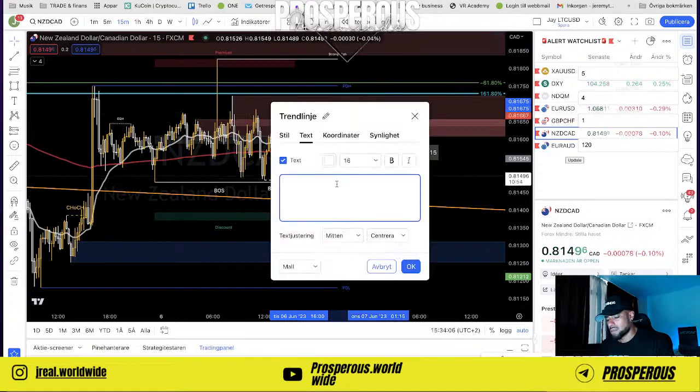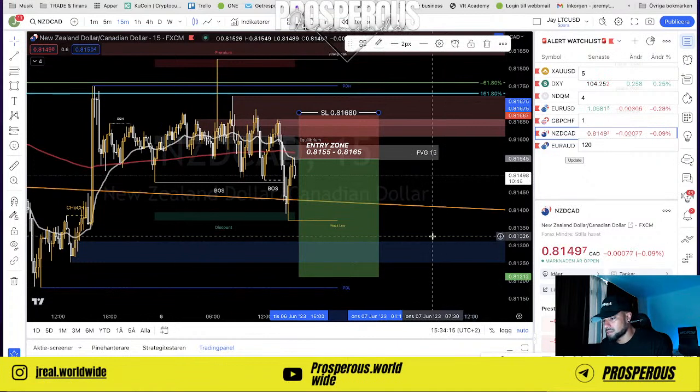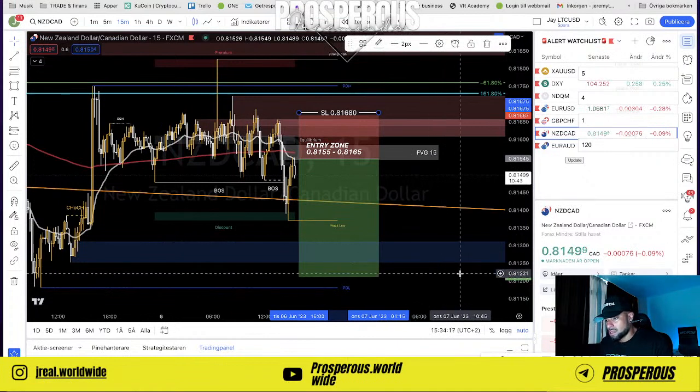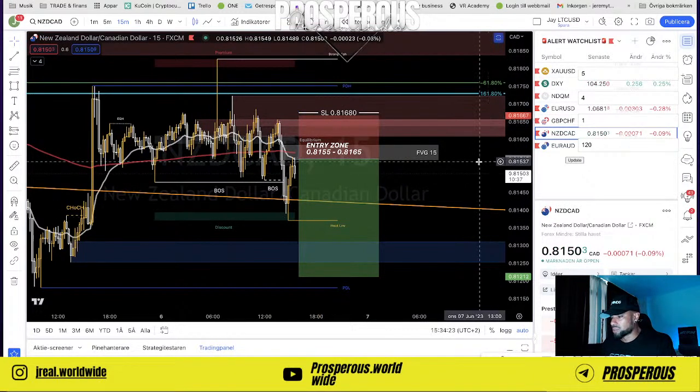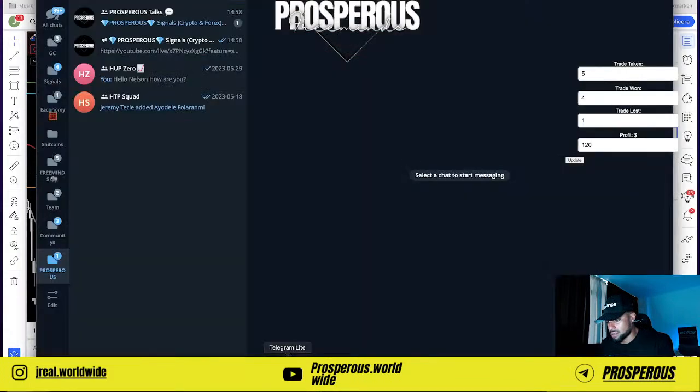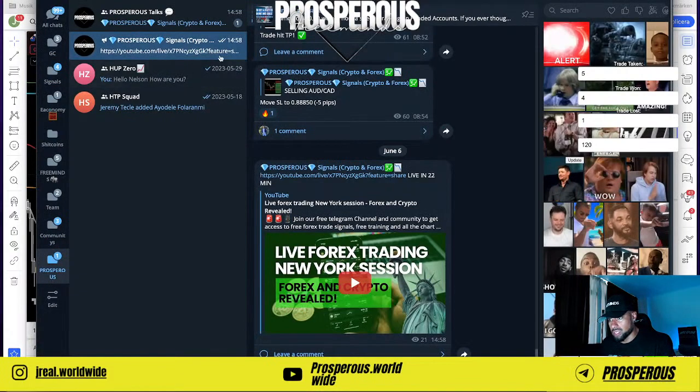The SL is 0.81680. This is the SL. All right. I'm dropping it in the Telegram channel so you guys can enjoy it there and do your thing with it.